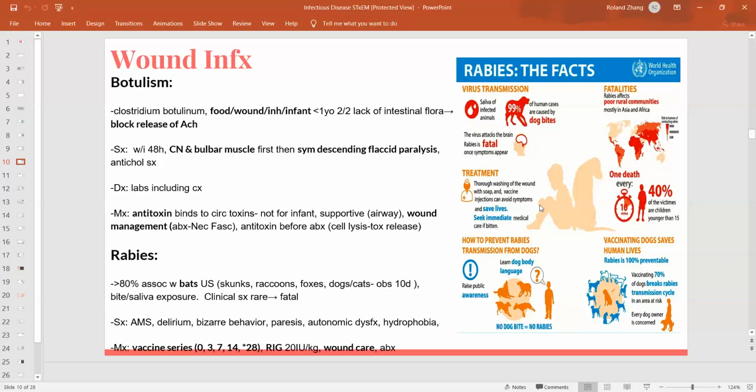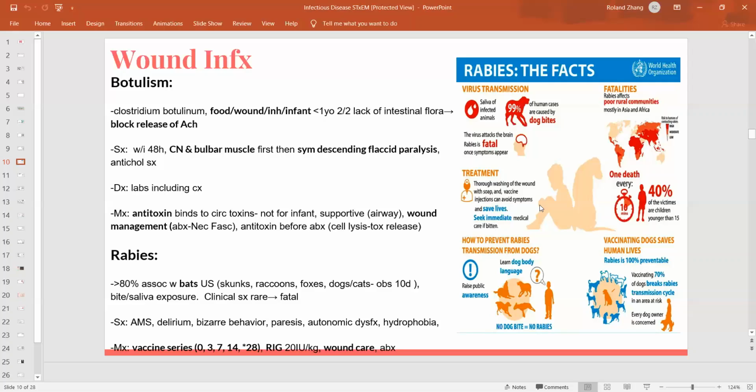The transmission is through saliva, through the bite. The clinical disease is pretty rare, but we generally treat it if there's a high index of suspicion for rabies. However, if you do develop the symptoms, it's generally pretty fatal.